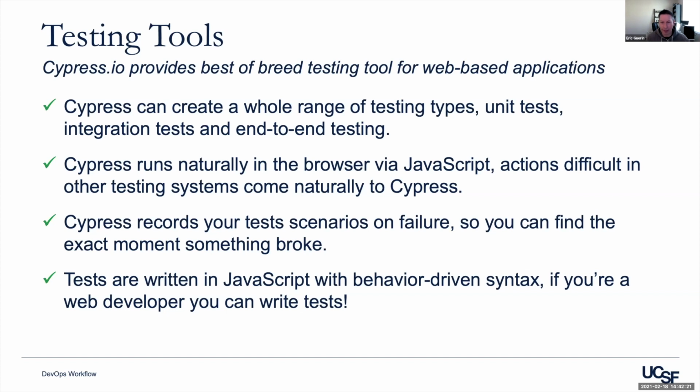Cypress runs obviously in the browser. You can run it in a headless browser or a headed browser. You can actually run those tests locally, and you can see the tests run on your local machine. It's really cool. It gives you a little preview window. It runs through each step, and you can see in real time which tests are successfully running or failing.